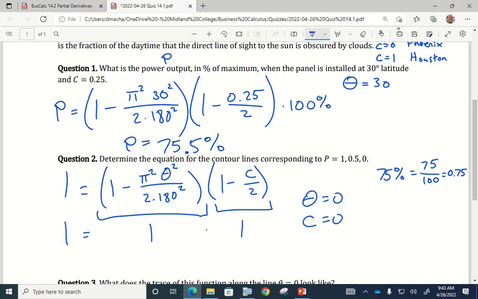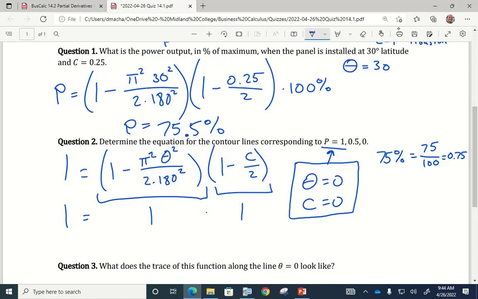So actually, there's not really much of a contour line at P equal to 1. There's only one single point that gives you P equal to 1. The only point that gives you P of 1 or 100% is when theta is equal to 0 and C is equal to 0. So there's not really a contour line there.